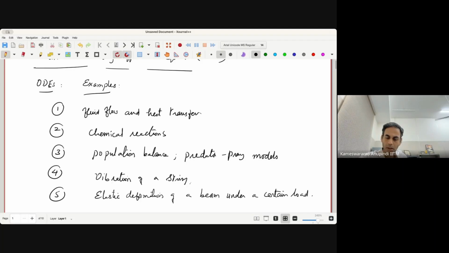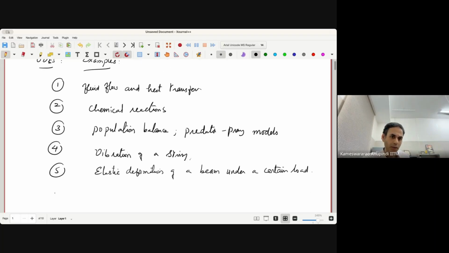And many other examples. Even if you take electrical engineering, you have the RLC, the resistance, capacitance, and inductance circuit. This is governed through an ordinary differential equation. So these are all areas where you will come across ODEs.